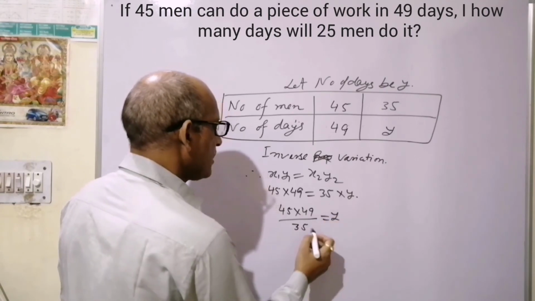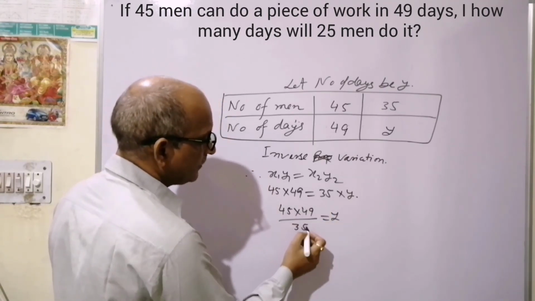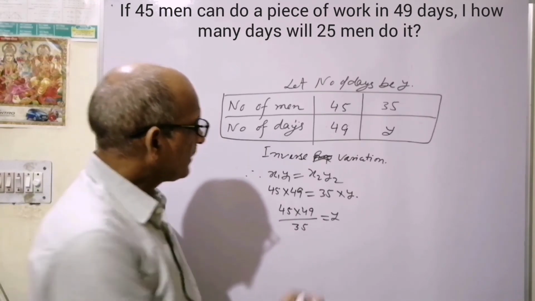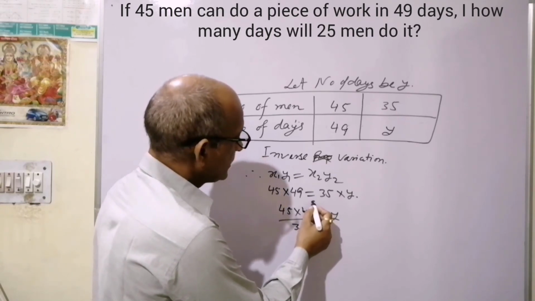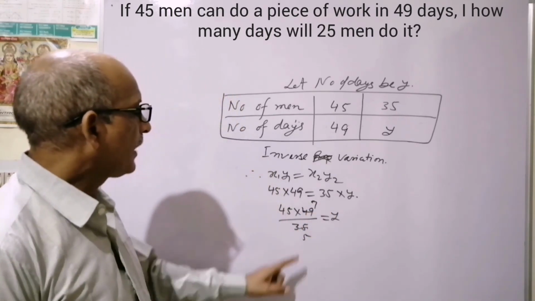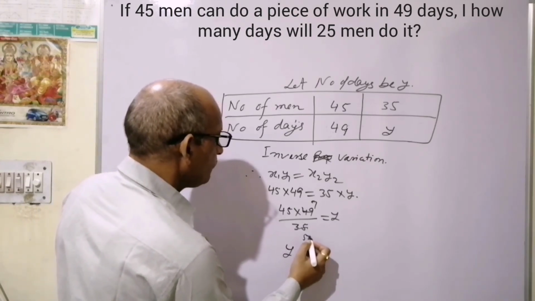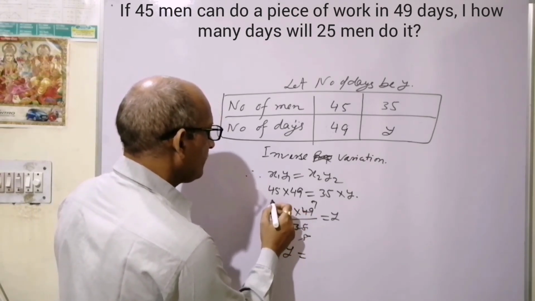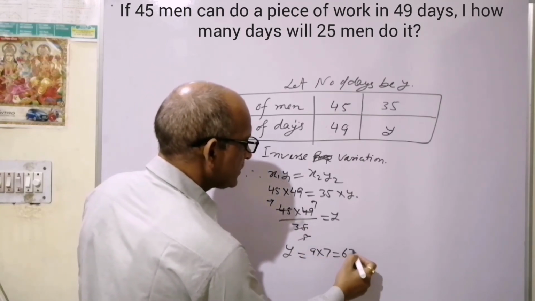That is y. Now 7 can cancel these quantities 35 and 49. 7 5s are 35 and 7 7s are 49. 5 can cancel here 45. So y will be equal to 9 times 7, that is 63 days.